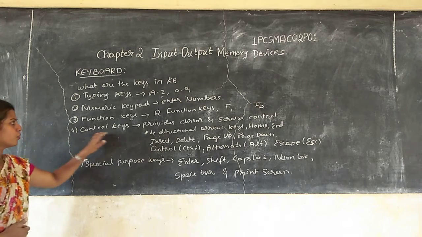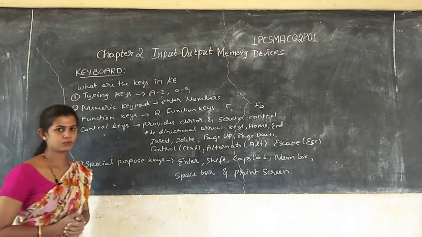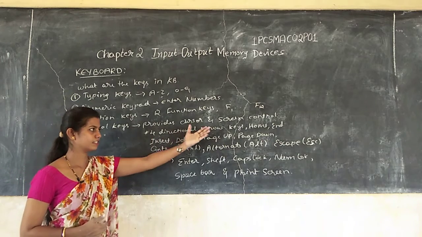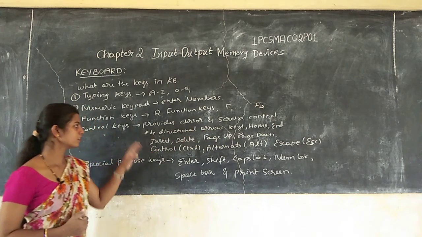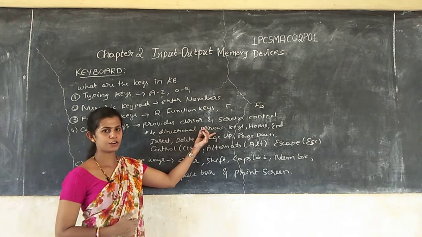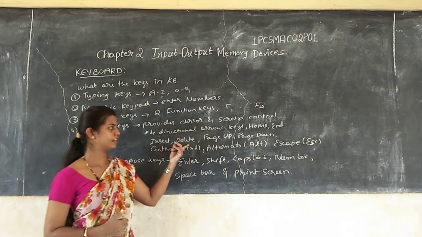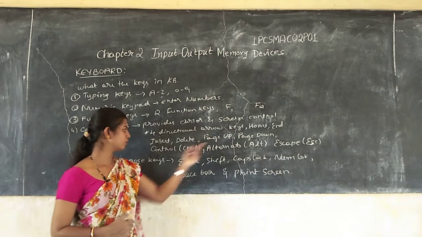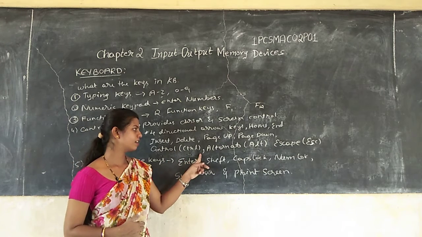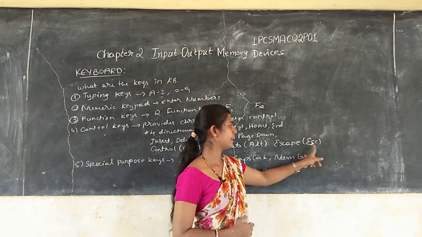Next is control keys. It provides cursor and screen control. The control keys are 4 directional arrow keys, home, end, insert, delete, page up, page down, control, that is CTRL, alternate, ALT, escape, ESC.